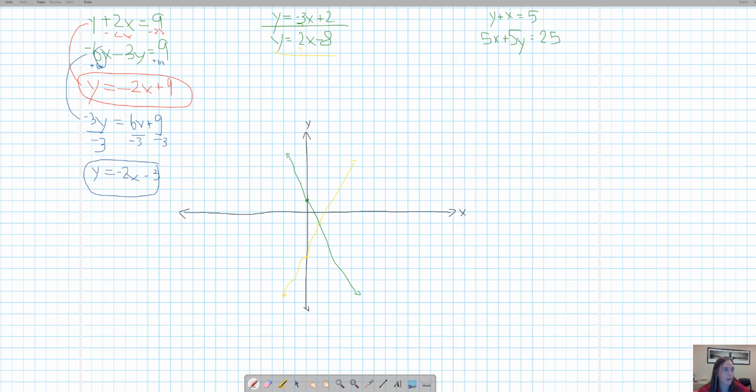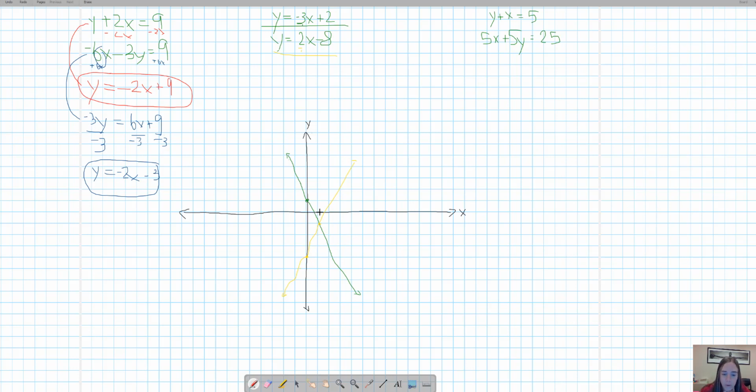So that means that my solution here is where these are crossing. So it's at 2 and -1. Okay, because I went 2. Oh, just kidding. That's probably not 2, because it's probably 3 and -2. All right, I need to remember what my points are here. So let me try that again.